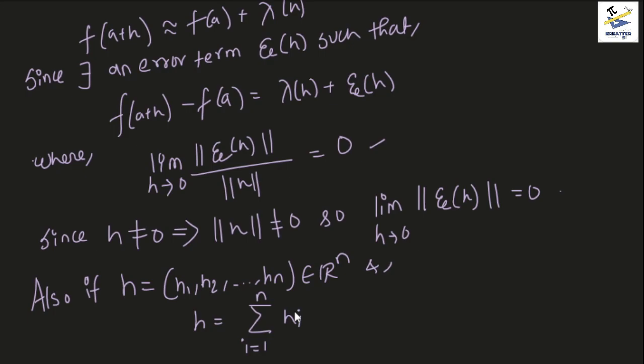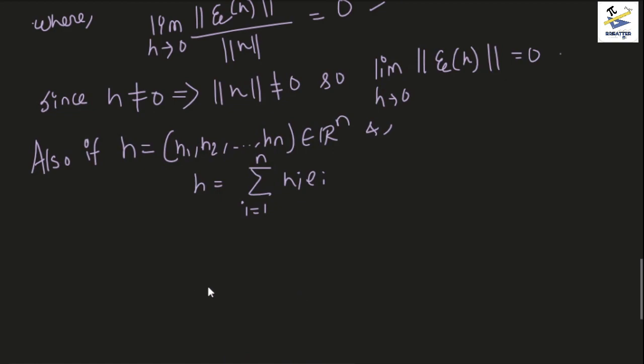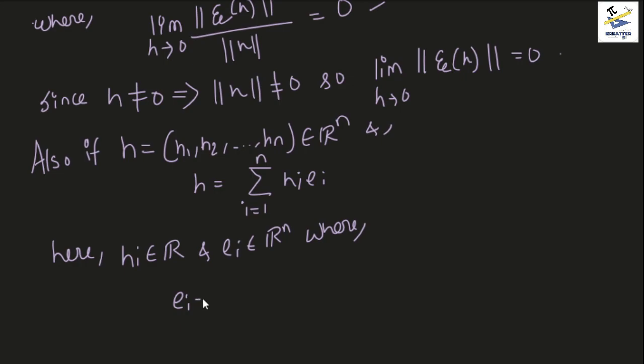Because now, h equals the sum from i equals 1 to n of hi ei. Here the ei's are the standard basis of R^n, that is, firstly hi belongs to R and ei's belong to R^n, where ei is just 0, 0, 1, with the 1 at the ith place, and 0 elsewhere.